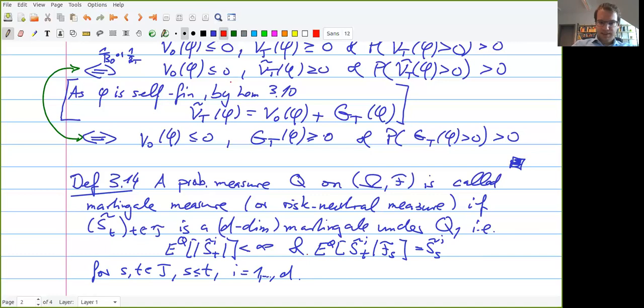So that's our martingale measures, and sometimes also called risk neutral measure, because under this measure Q, you have a risk neutral perspective on the market. This means under the measure Q, the discounted price process is a fair game, which we formulated in terms of martingales.